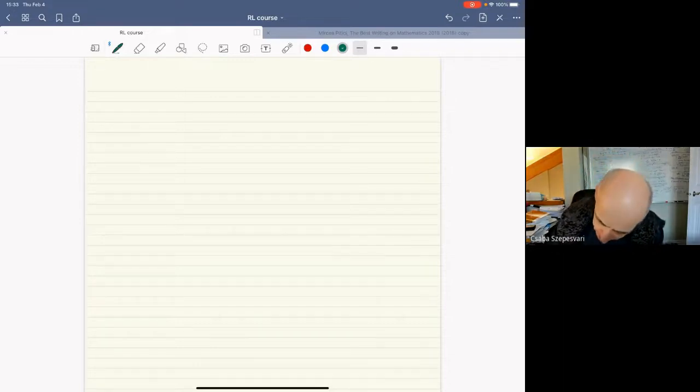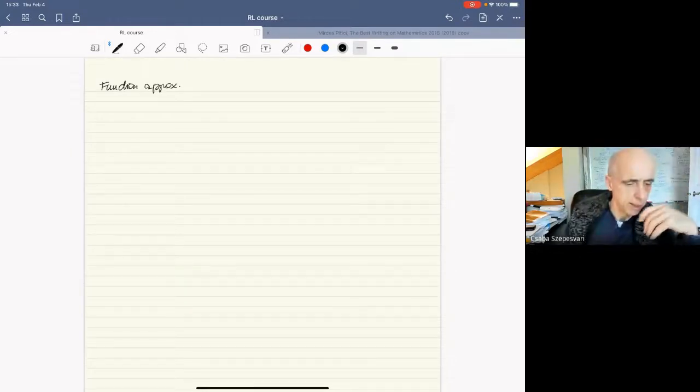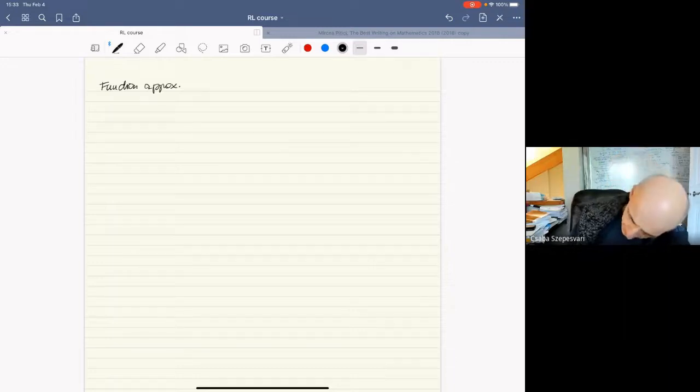So, I guess the last time we started to talk about function approximation, and how to use it in planning. And we came up with a bunch of possibilities.